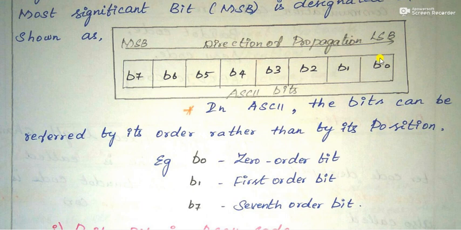This is B0, so it is a 0 order bit. This is B1, first order bit, then second order, third order, up to the 7th order bit. ASCII code is not defined in terms of position, it is referred to in terms of the order of the bits.